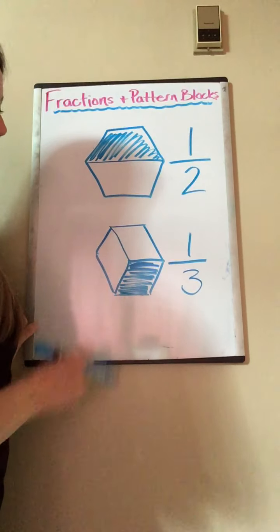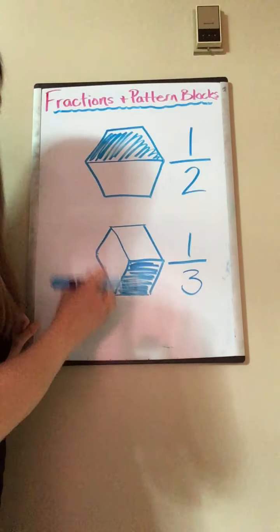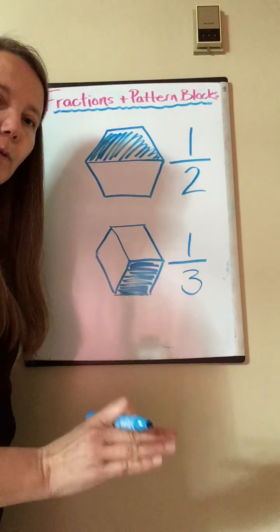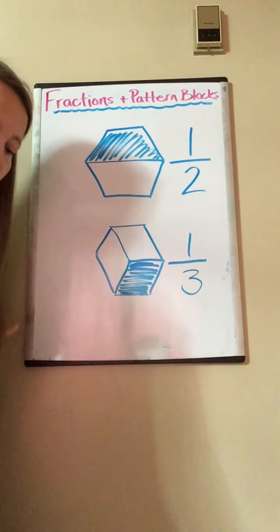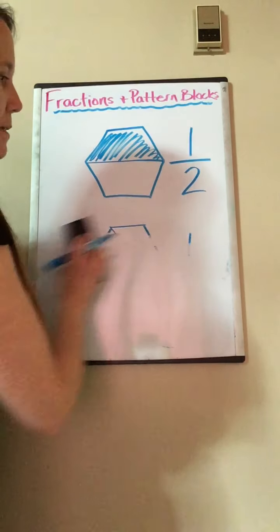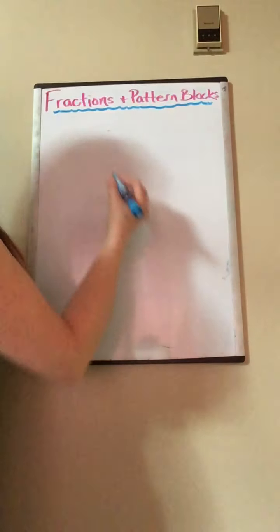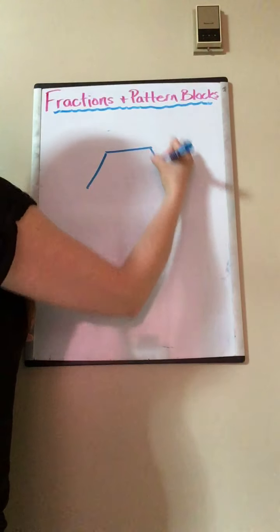Okay? So you are going to be looking at hexagons, and you are going to be dividing them up so that all parts are equal, and then you're going to be writing the fraction for it. And here's the thing, the book is going to try to test your mind a little bit by throwing in things like this.